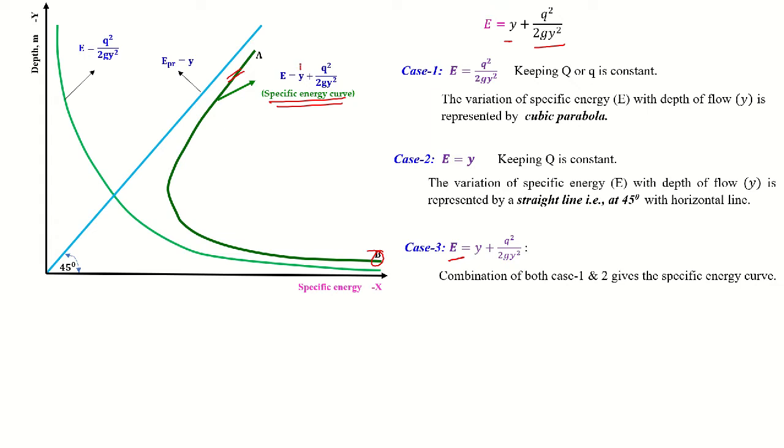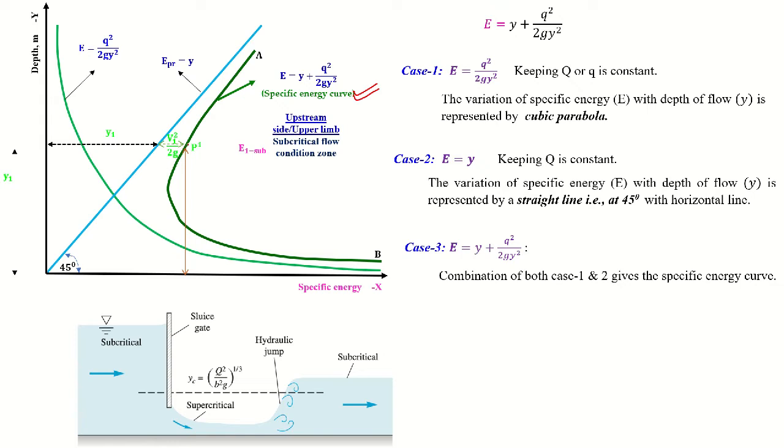This is the sum of the pressure energy and kinetic energy. So what will be the variation of energy with respect to change in depth? We will study the importance of the specific energy curve, the relation between energy and discharge. Take any point here and draw a line toward the y-axis, toward depth.